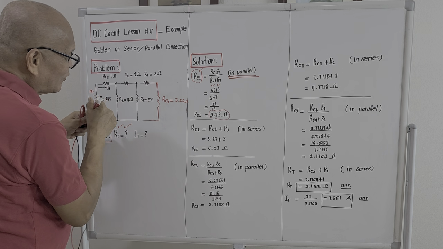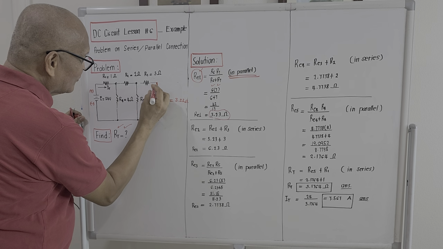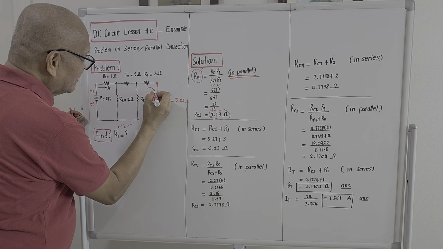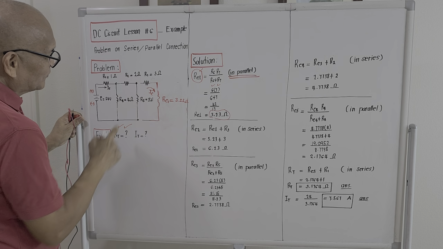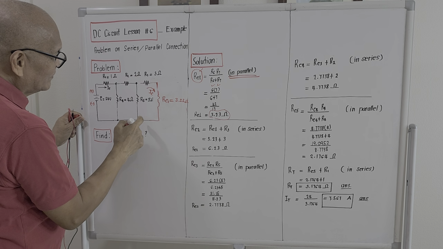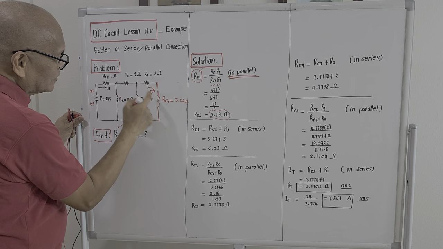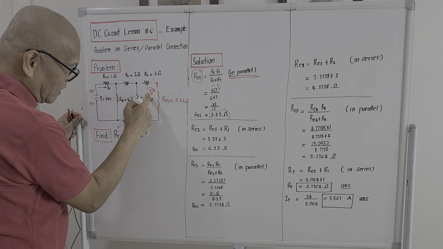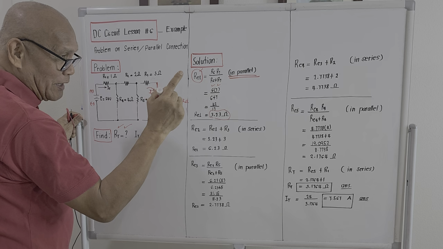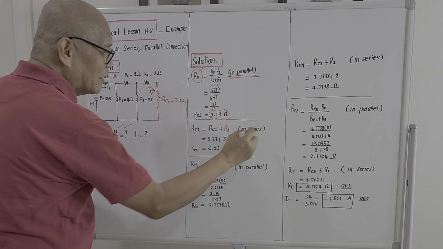The current should be common to both, right? That's the common current. Okay? After the disconnection, for the meantime, R3 and the single equivalent of R6 and R sub 7, the current should be common. So if the current is common, they are in series.